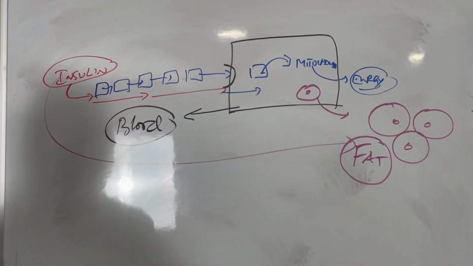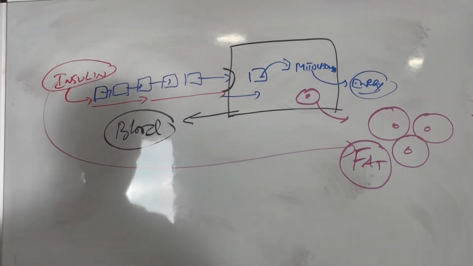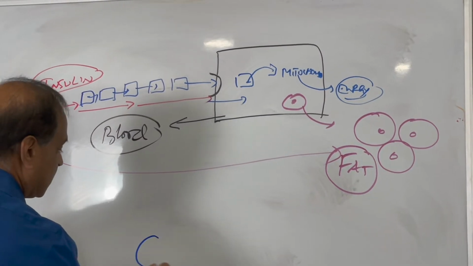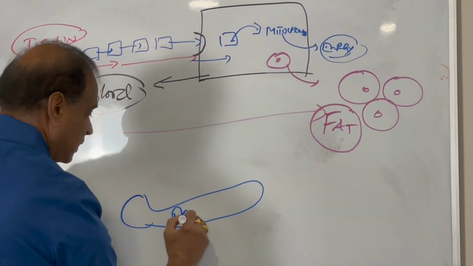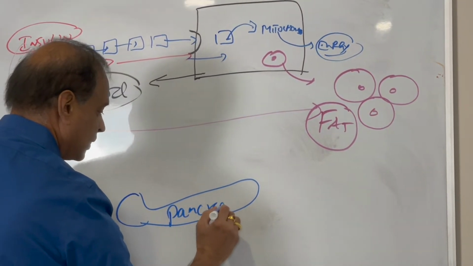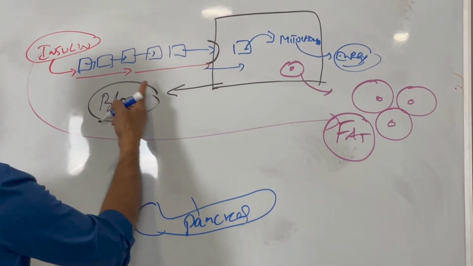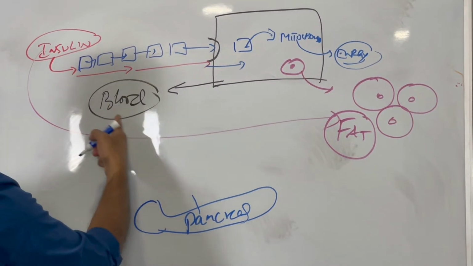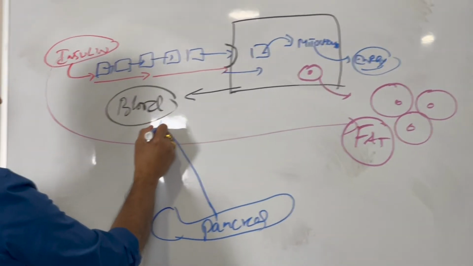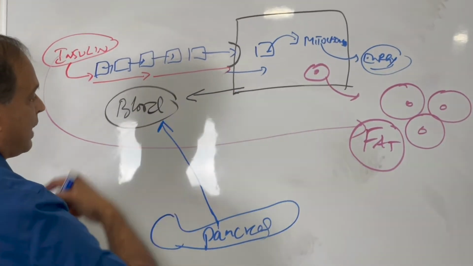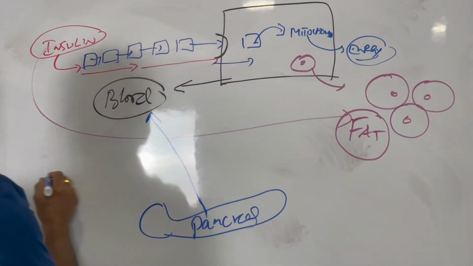When that happens, then the insulin that comes from the pancreas, to recall the memory, this is pancreas, when there's more glucose accumulation here, the pancreas will start making more, thinking that this has to be pushed back into the cell.